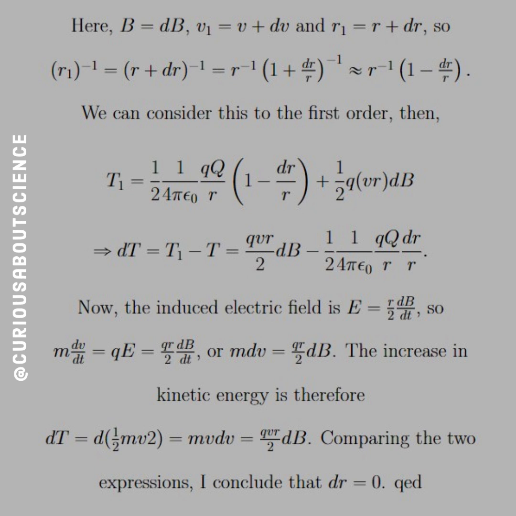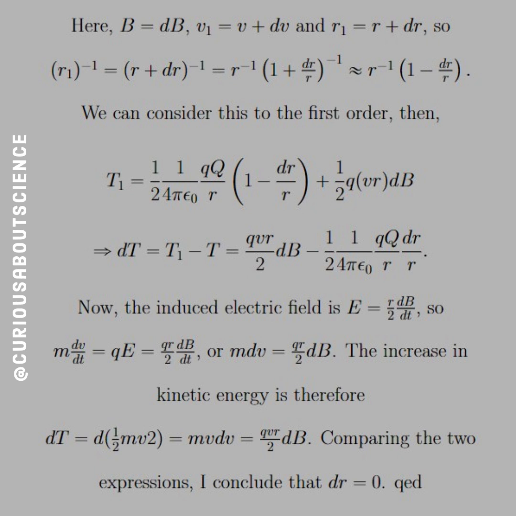The 2 and 1/2 cancel. But now, as you saw with m dv, we can multiply both sides by v, and this is equal to q v r over 2 dB, from the induced field. Comparing the two expressions, the literal definition of the step energy, dT equals T1 minus T, and the actual derivative from the induced field, if we set the two equal to one another, we show that dr has to equal 0.